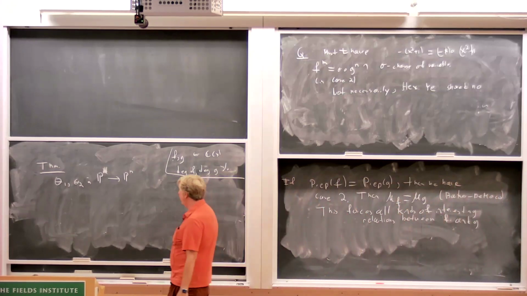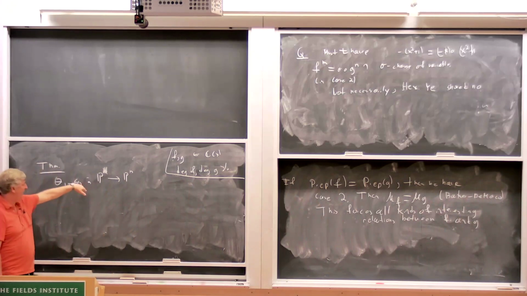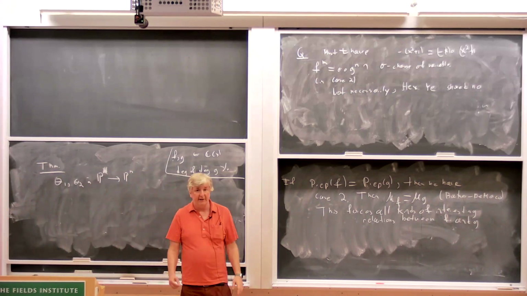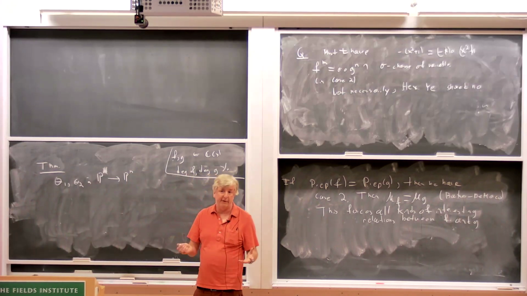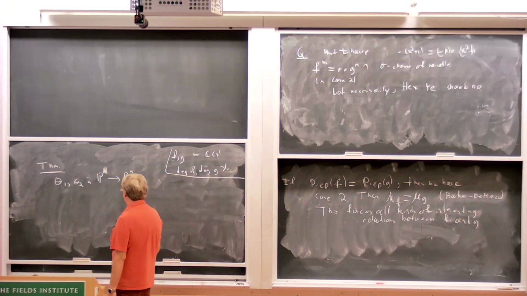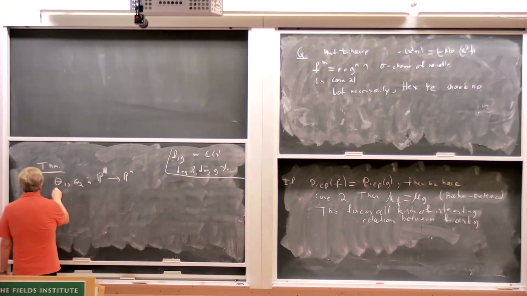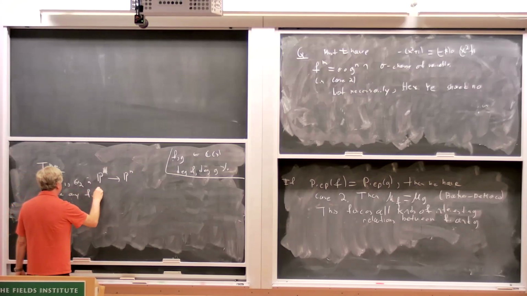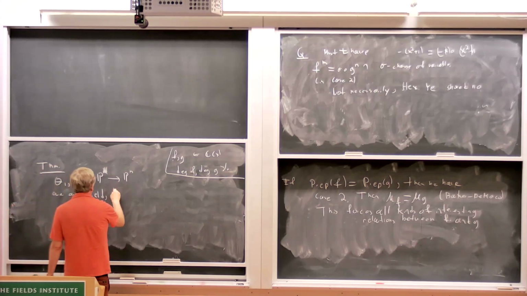So here's the theorem of Beaumont. I want to be really clear about this. I'm going to state it for P^n to P^n, but it's actually true for polarizable maps as well. This is at totally the other end of the spectrum. Not only is it true in any dimension, it's also true over any field at all. Both have degree greater than 1.